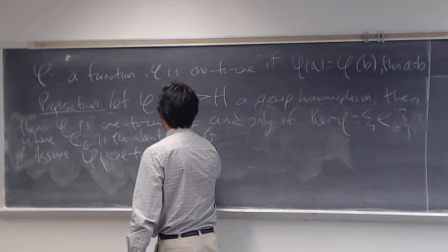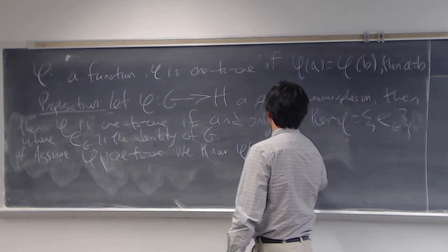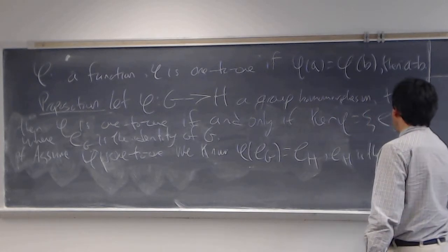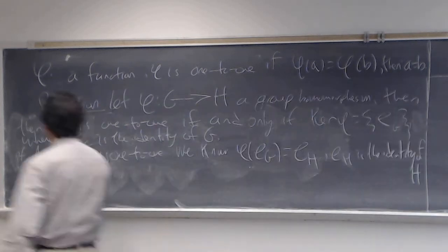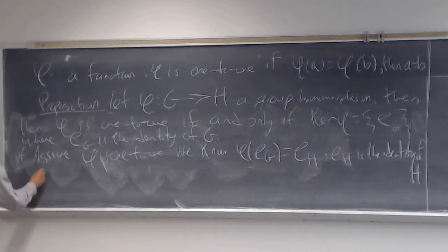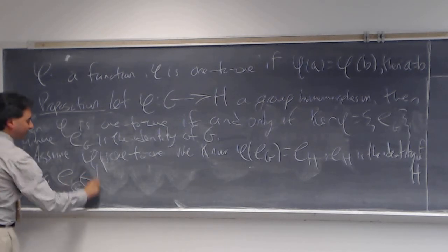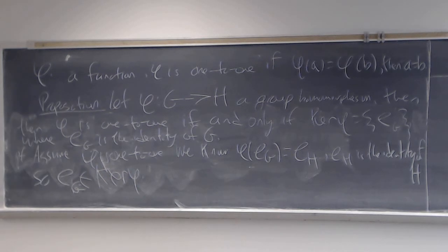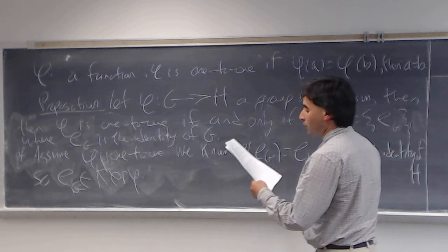Well, we know that phi of e_G is equal to e_H, where e_H is the identity of H. We proved that earlier, and that's just the definition of an element being in the kernel: it gets sent to the identity. So we at least have e_G inside the kernel, but why is that the only thing?